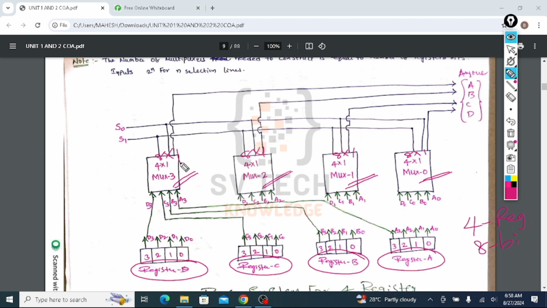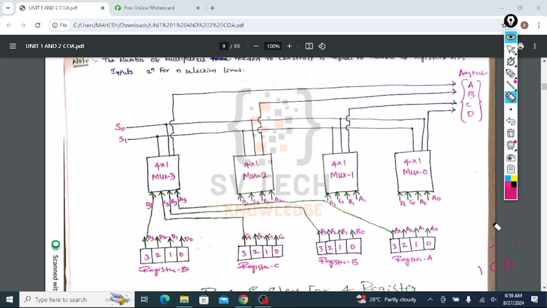The number of registers, I have taken A, B, C, D, 4 registers, is equal to the number of multiplexers.